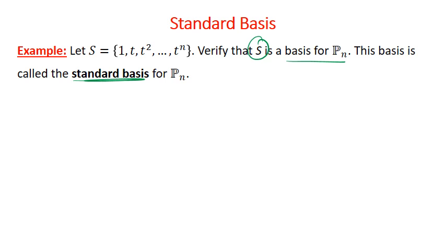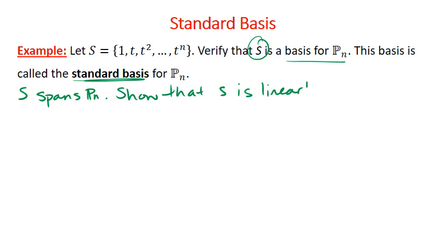So knowing that Pn is the set of polynomials of degree n, we know that S spans Pn. And we want to show that S is linearly independent. If S is linearly independent, then S is a basis for Pn.